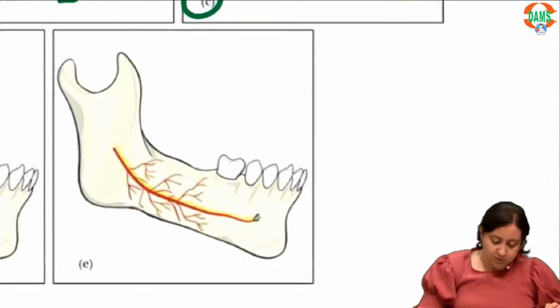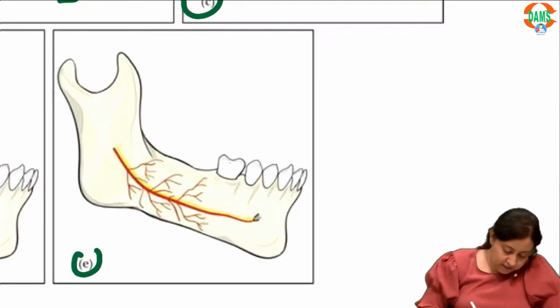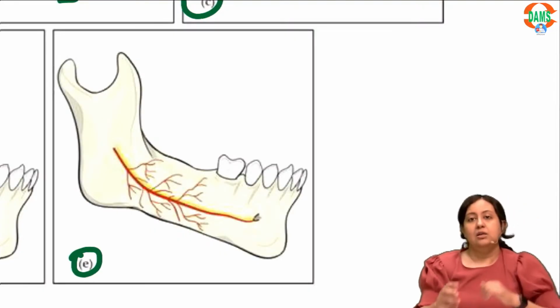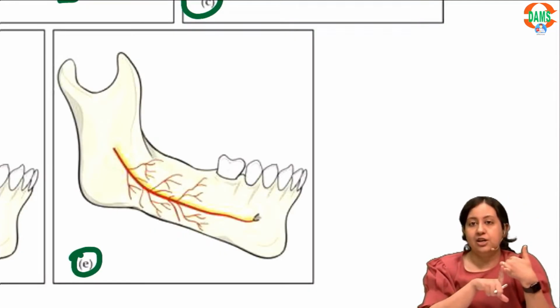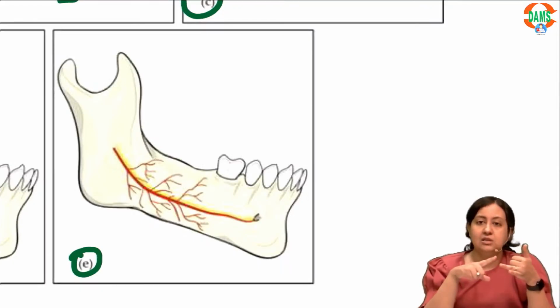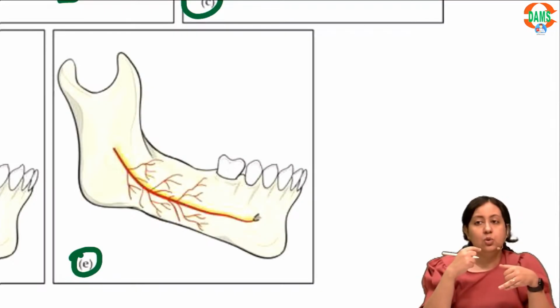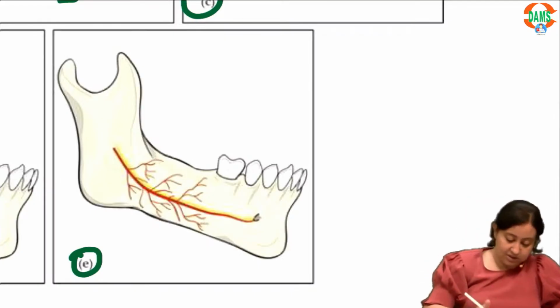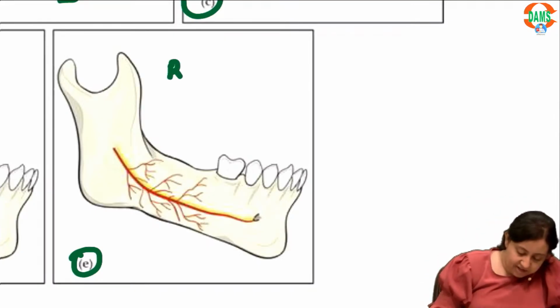Now in picture E, you can see that the blood supply has regenerated, the nerve supply has regenerated, and the fibrous callus has now been converted into the host bone, or it has calcified or mineralized. So this is your remodeling phase.